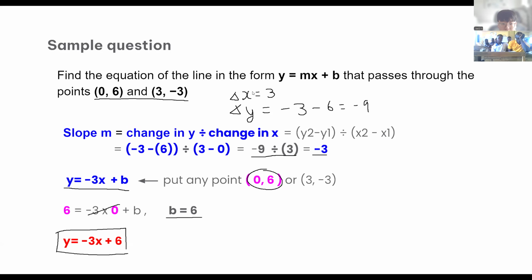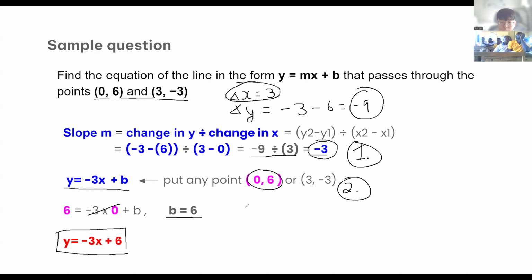So change of x is 3. Change of y is -9. Slope is equal to -3. We find the slope first. That was our first step. Second step was finding b, right? By plugging in 0, 6. That's how we found b.